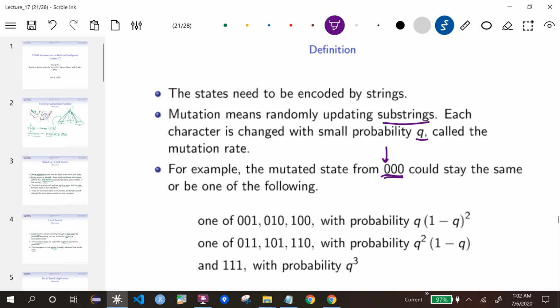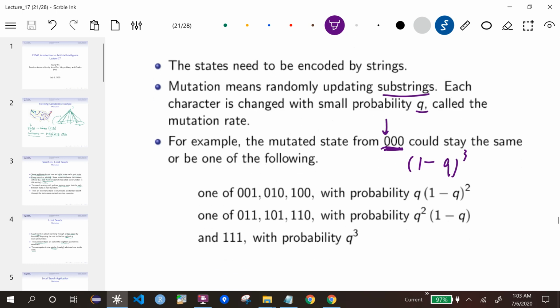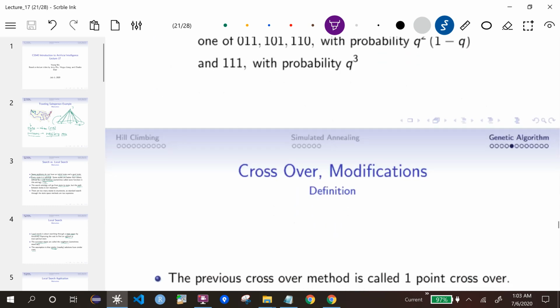So with large probability, actually probably (1 minus q) to the power 3, we are staying at the same state. So we're not just randomly changing stuff all the time, but with small probability we can still change. So in general, we'll keep the population kind of diverse, but it's still mostly good. So that's the idea here.